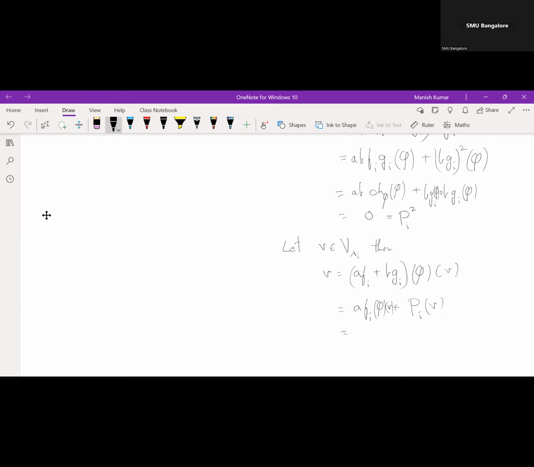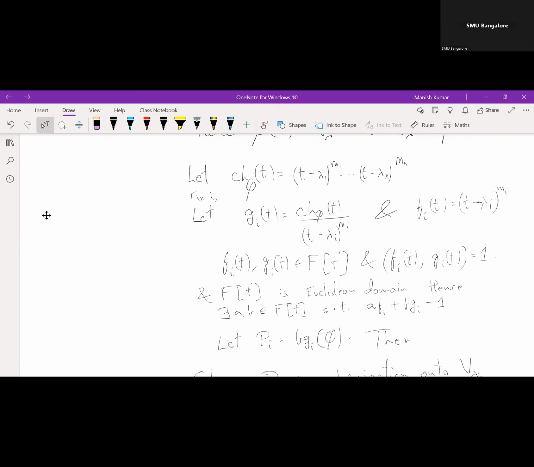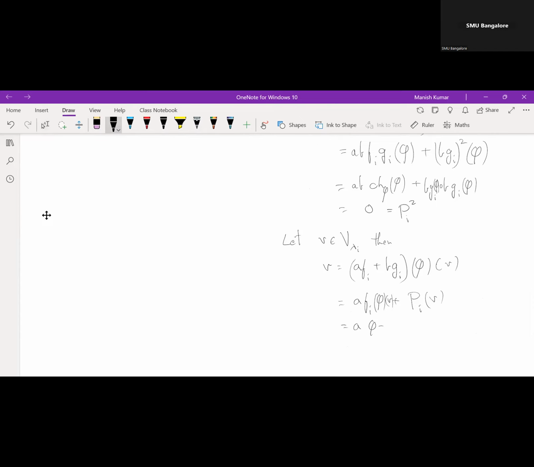Now this A Fi phi is what? Remember Fi is t minus lambda I power mi. So it is A times phi minus lambda I to the mi of v, plus pi v.